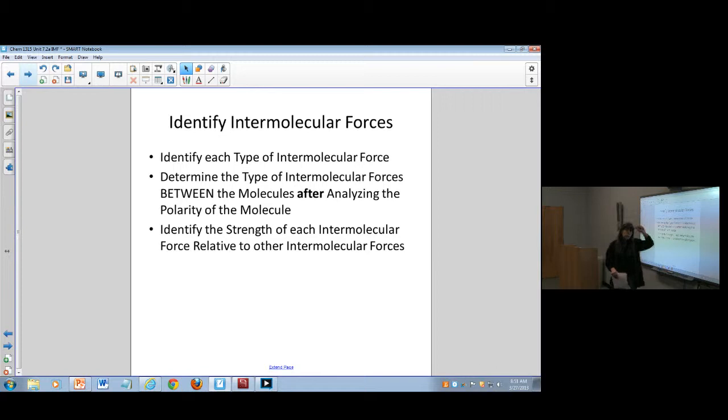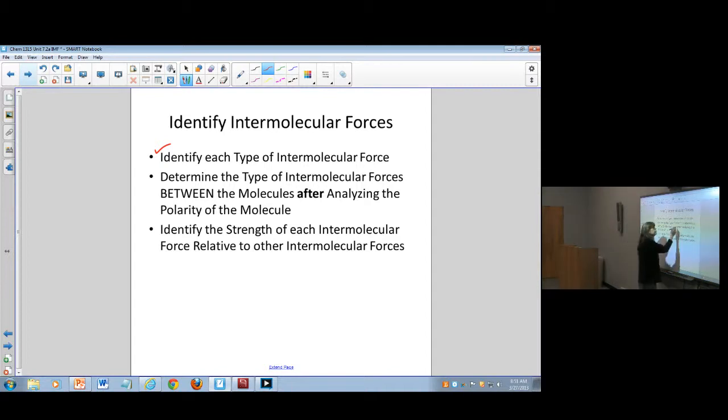So, when you're thinking about these strengths, we've already identified these, but it's good to know which is considered in general the strongest to the weakest.